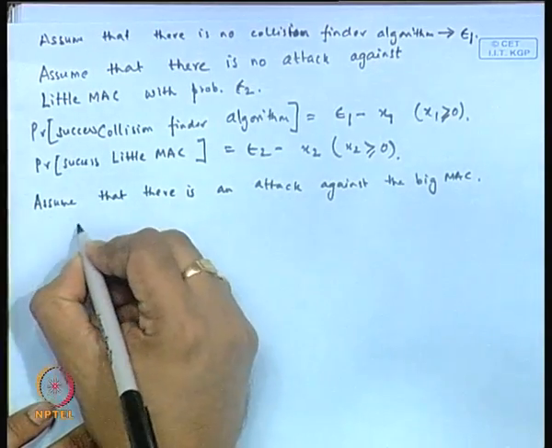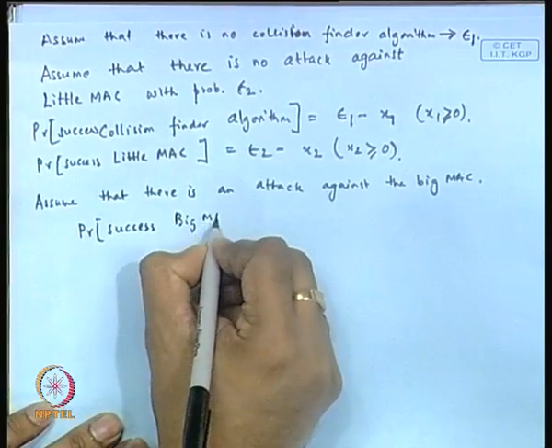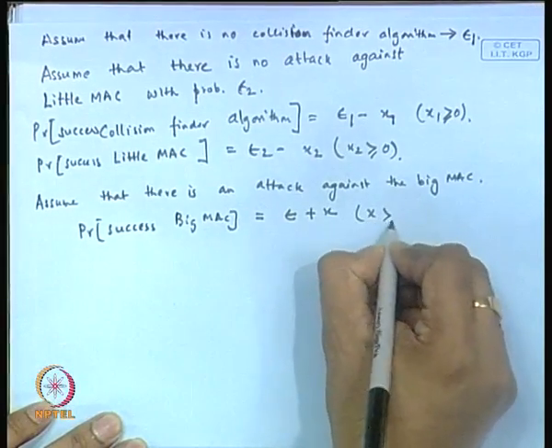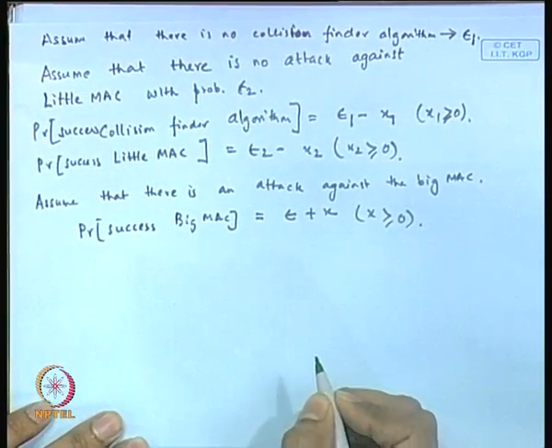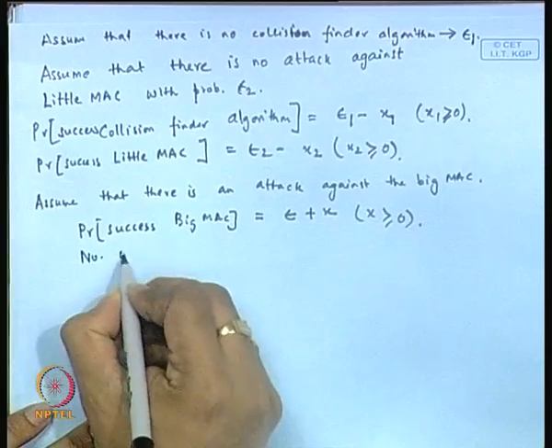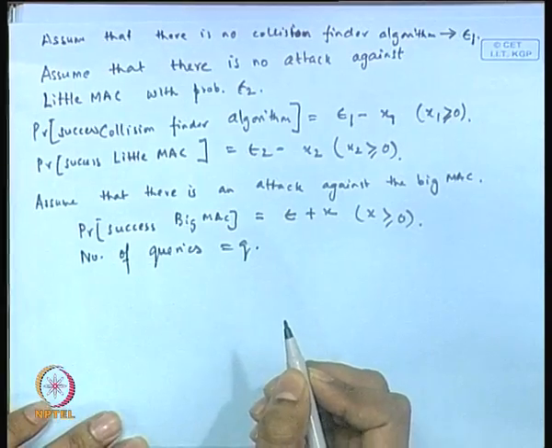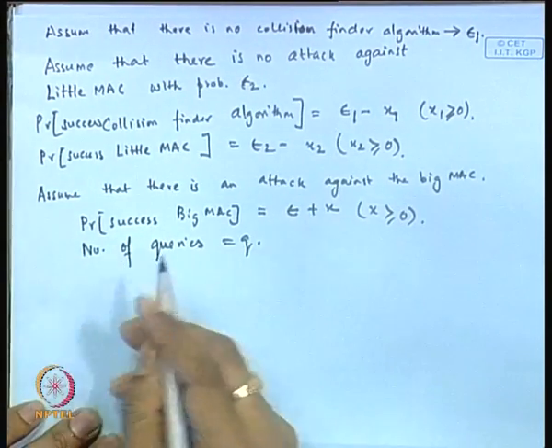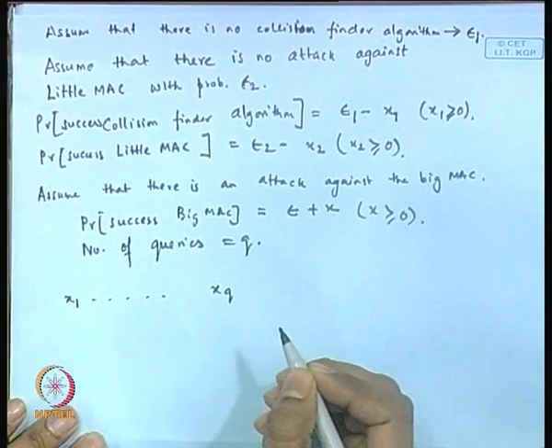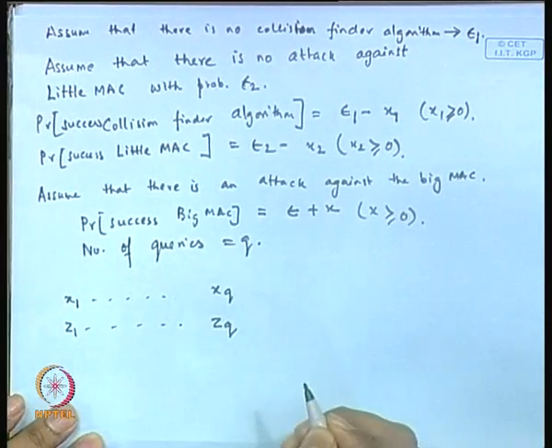That means the probability of success of the attack against the Big MAC is epsilon plus x, where x is greater than or equal to 0, right. Suppose the number of queries required is q. The attacker can ask for x1 to xq and obtain the corresponding z1 to zq values, right.